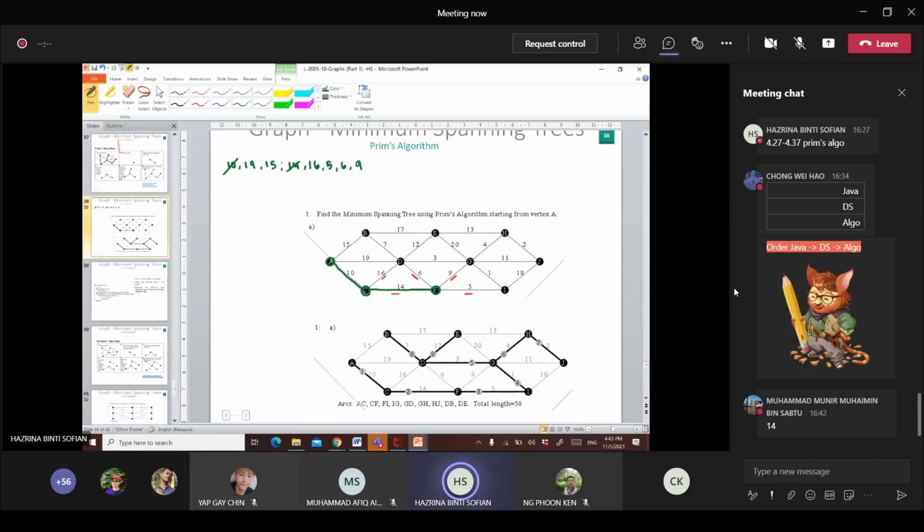And then we pick the smallest, which is 5. So we will go to I. Okay, hold on. I take a different color. So we have done this one.